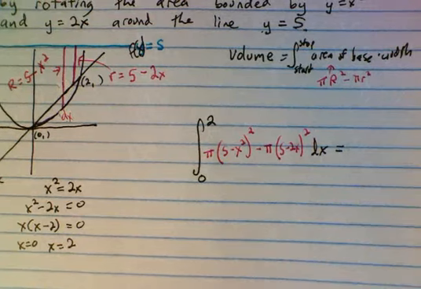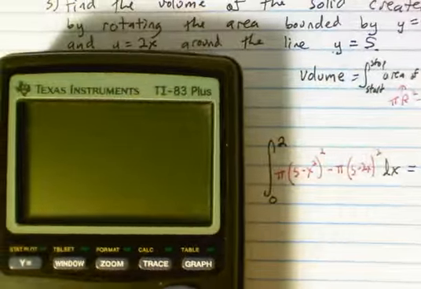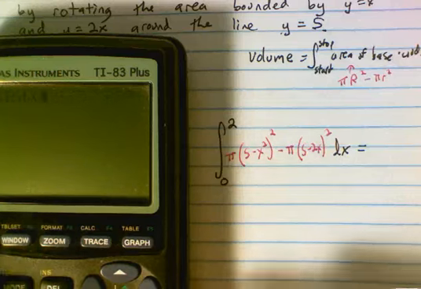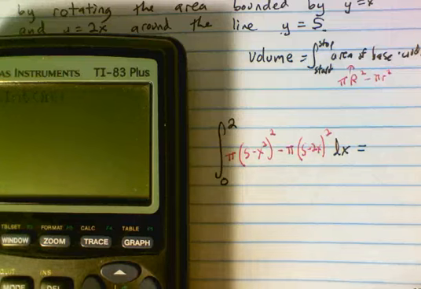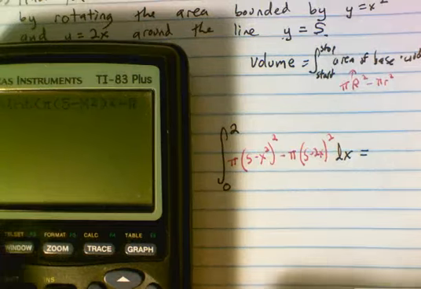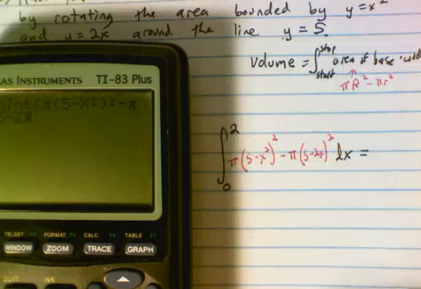Once again, fun with calculator. Pi, 5 minus x squared squared minus pi, 5 minus 2x squared, x, comma 0, comma 2.